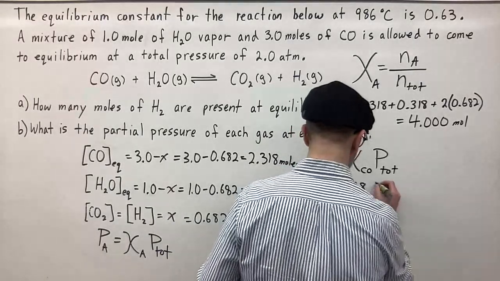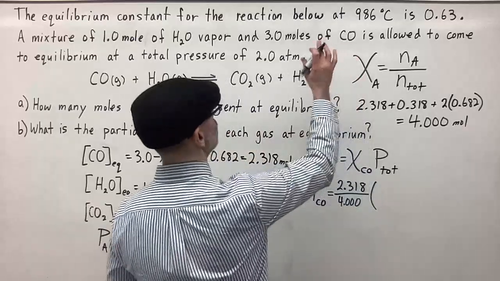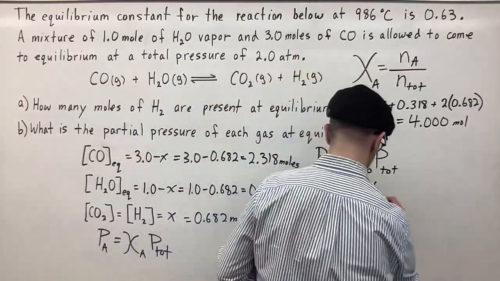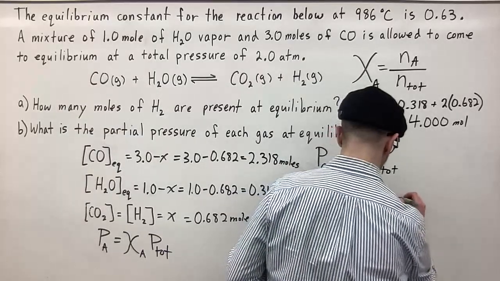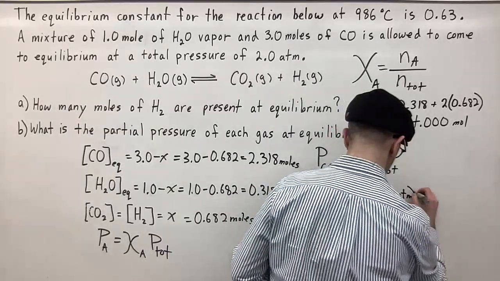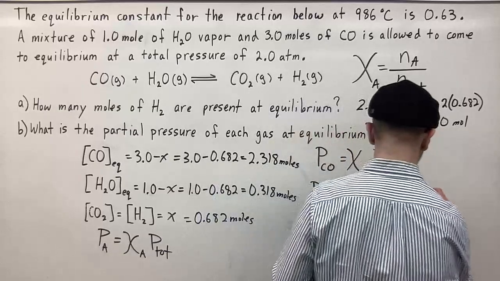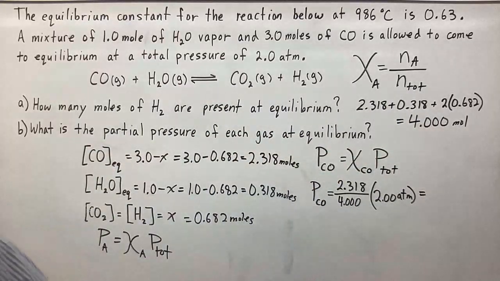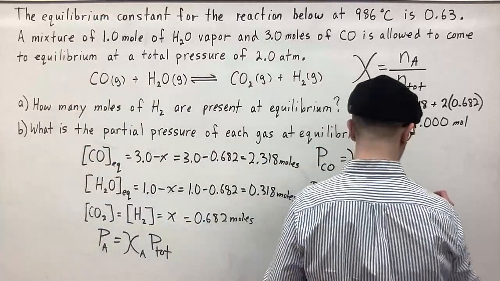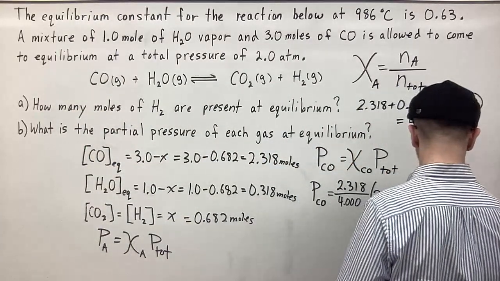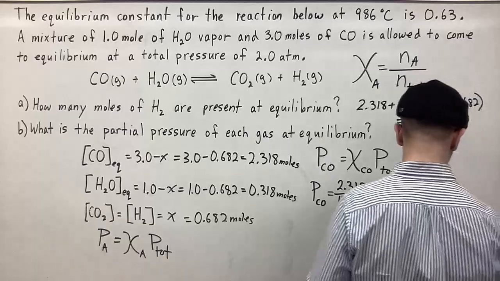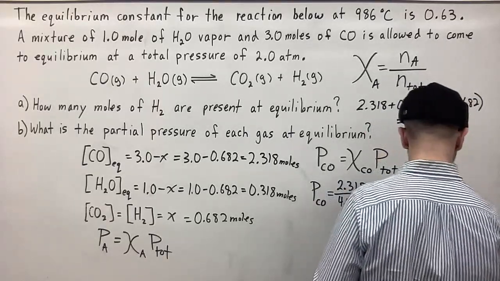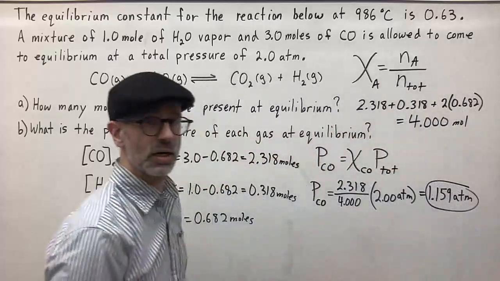We multiply that by the total pressure, which is 2 atmospheres. And that's going to be equal to, when we calculate that, 1.159 atmospheres. So that's the partial pressure of CO.